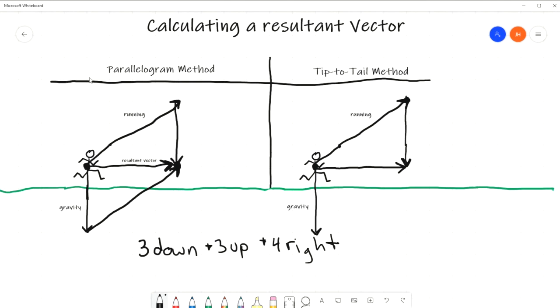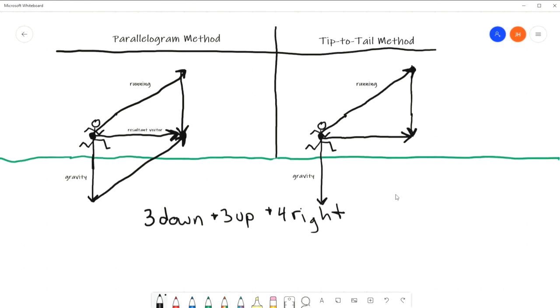How else could we represent left, right, up, down? If this was an x-y axis, left and right would be the x-axis. With vectors, we tend to imagine ourselves on an xy axis. Here are the positives and negatives for the x, and here are the positives and negatives for the y.